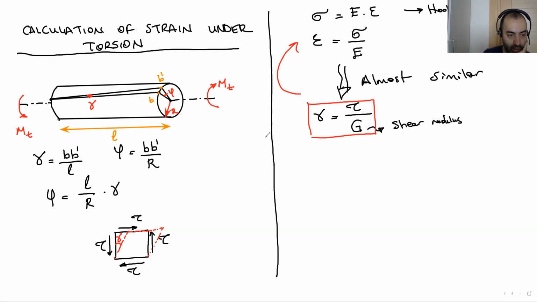Now we have phi. Phi equals L over R times gamma.